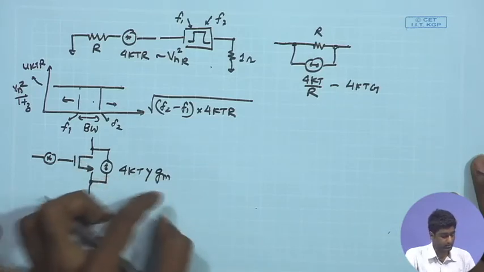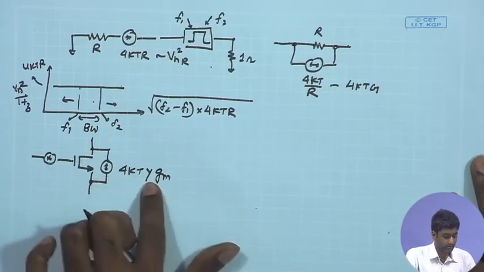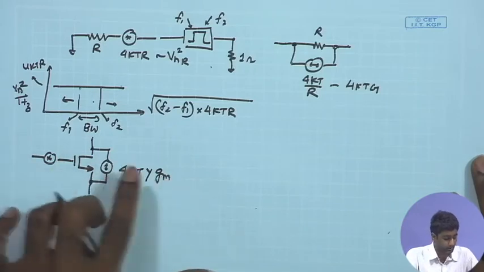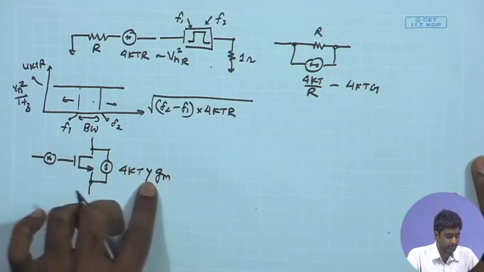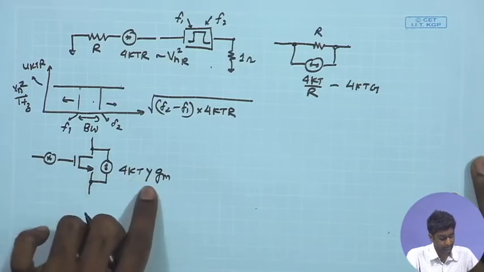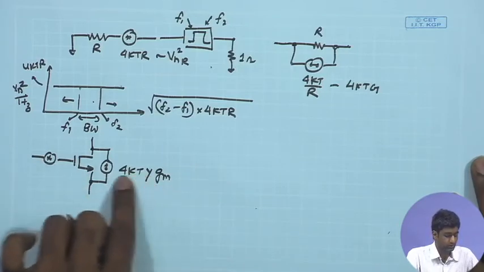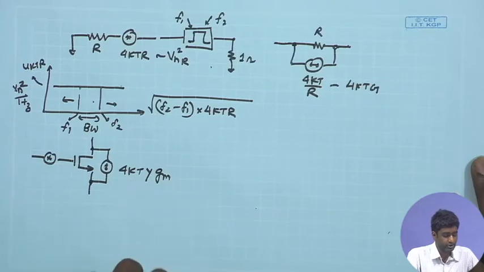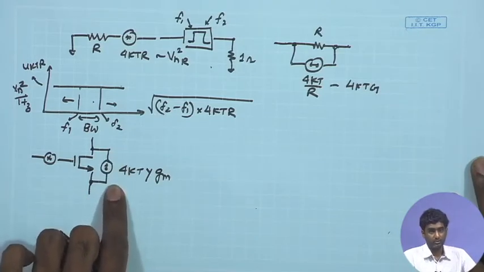It can be within 1. The normally used number is 2/3, but it can depend upon the process chosen. So, it can vary a lot from process to process, and it needs to be specified. If I assume 2/3, then you get an overall expression of 8/3 kT Gm as the channel current noise of the MOSFET.